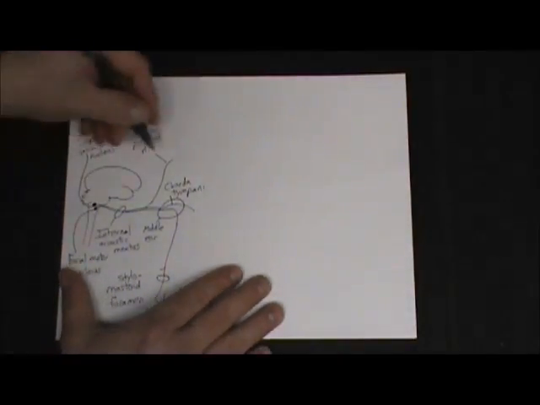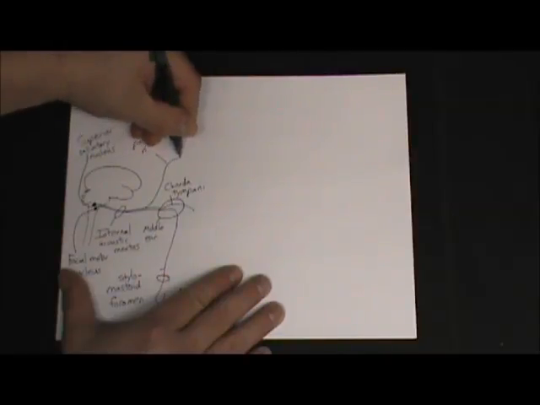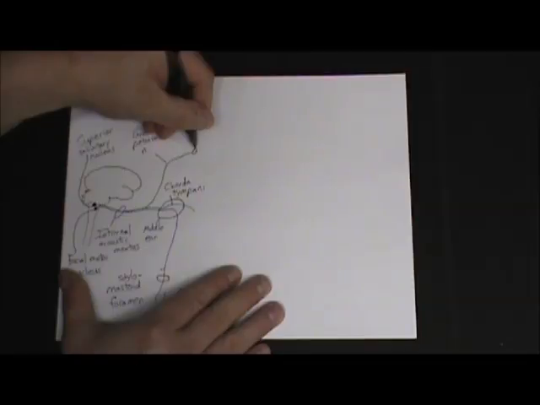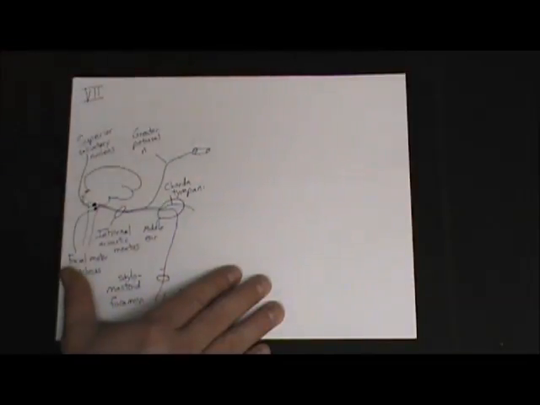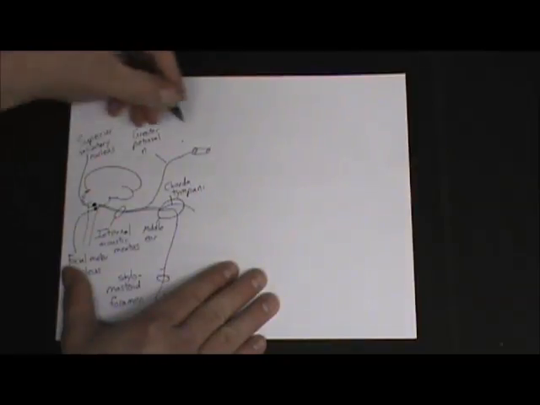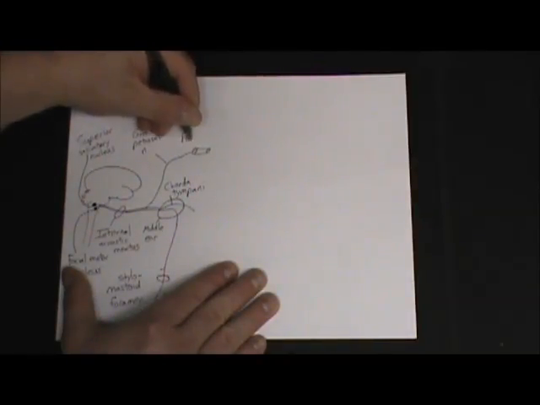The greater petrosal travels through the petrous portion of the temporal bone and passes through a little hole of bone. It's called the pterygoid canal. Sometimes also called the Vidian canal.